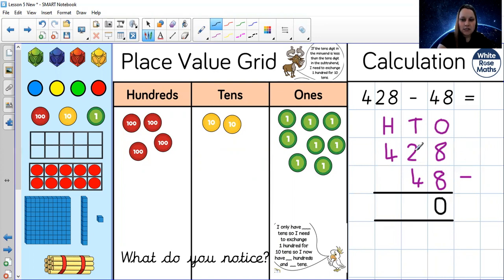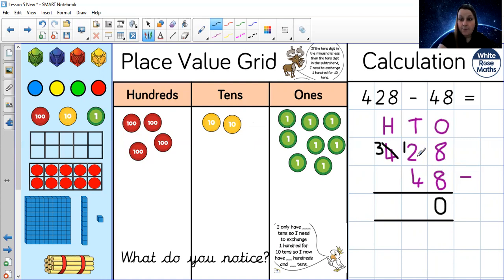So now I've got 2 tens and I want to subtract 4 tens. I can't do that at the moment, so I need to exchange. So I'm going to exchange one of my hundreds for 10 tens. So I've now got 12 tens. 12 tens subtract 4 tens.